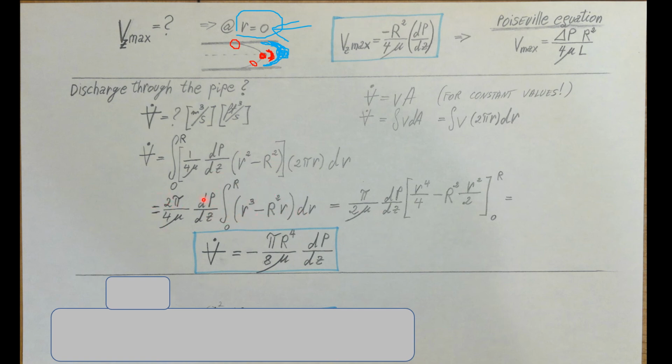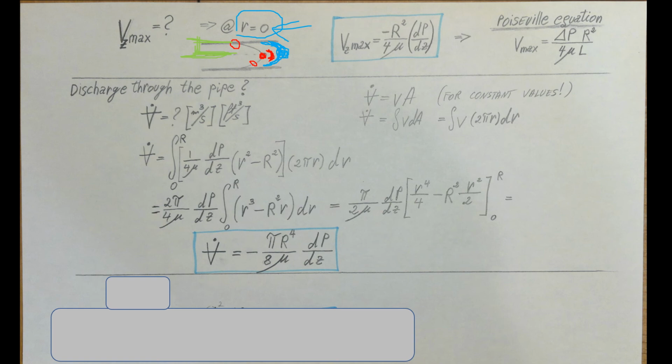We can take these constants out. Here it is. We can evaluate it from 0 to r, right? Because that's where we're doing the integral. We are going from right here, from the 0 all the way out to the r. That's how our profile changes, right?